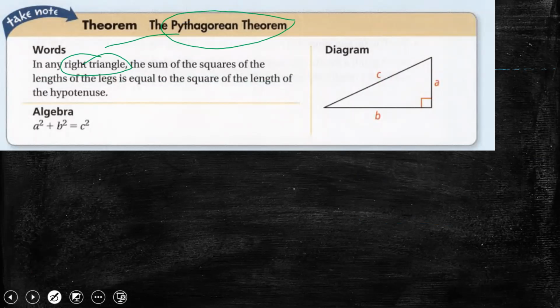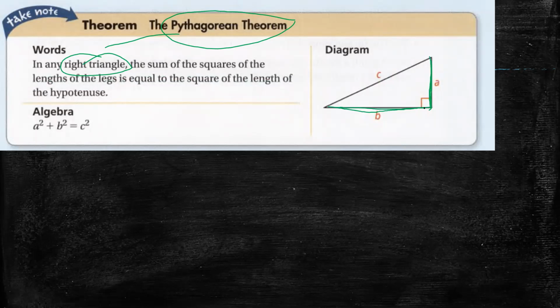Now, what did he say? What is the theorem? The sum of the squares of the lengths of the legs is equal to the square of the length of the hypotenuse. This is a right triangle here. This is the first leg. We name it A. And this is the second leg.